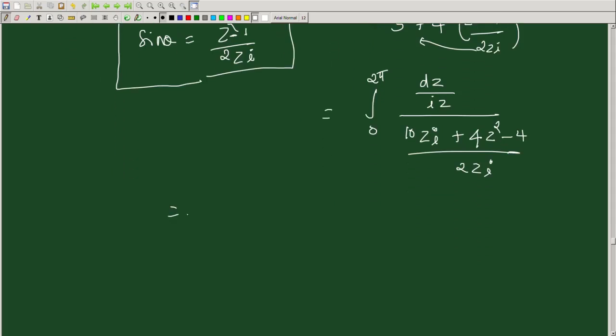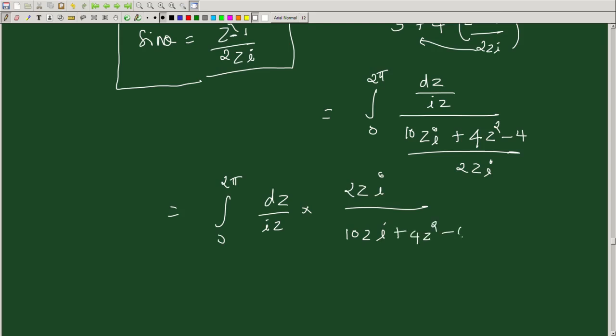Next step. What I am going to do, 0 to 2 pi, the numerator I am writing as it is, dz by iz. The denominator I am taking reciprocal. So I can write 2zi by 10zi plus 4z square minus 4, right? So I can cancel zi, remaining 2.